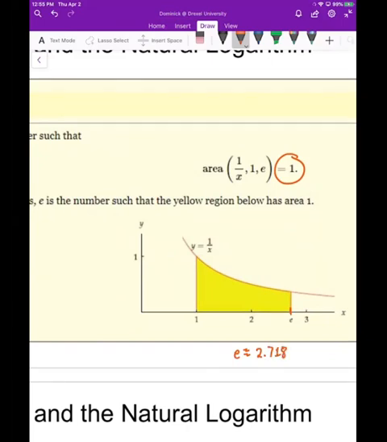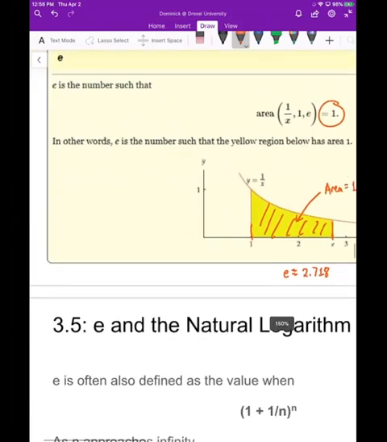All right, but it turns out that if you find the area from x equals 1 to x equals e, this area would give you 1. All right, so that's sort of how we're going to first introduce e.